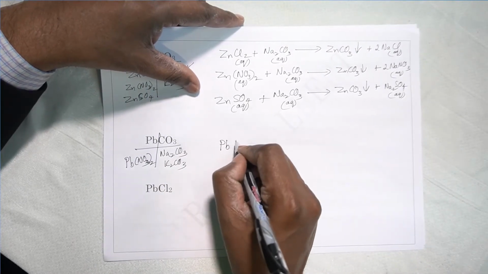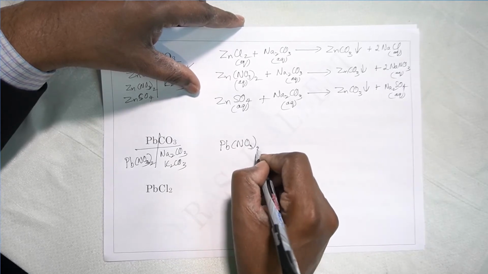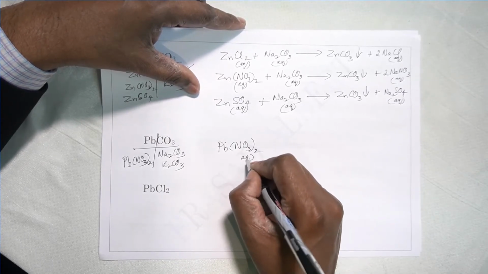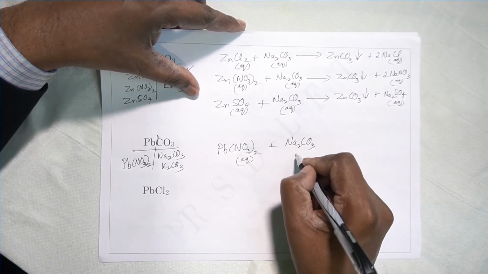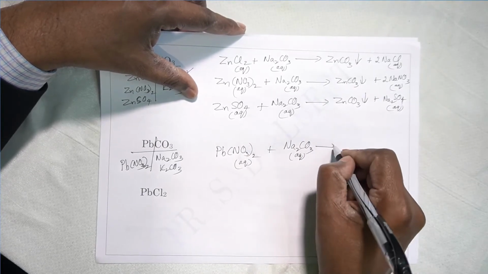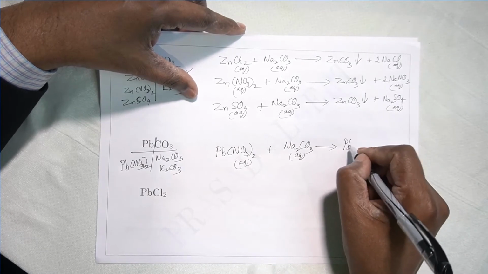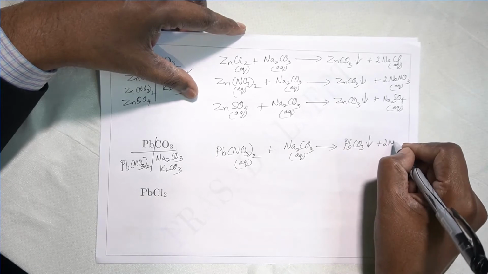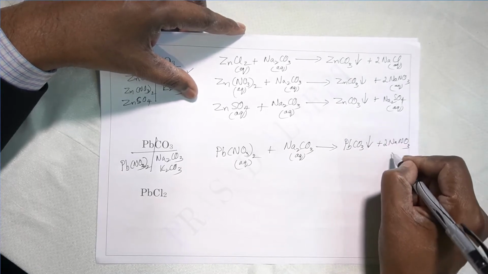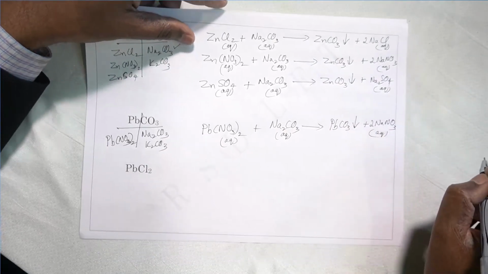So lead nitrate, yes, aqueous, plus Na2CO3 aqueous. What you get? PbCO3 lead carbonate insoluble precipitate plus 2NaNO3. This is aqueous. So this is formed.